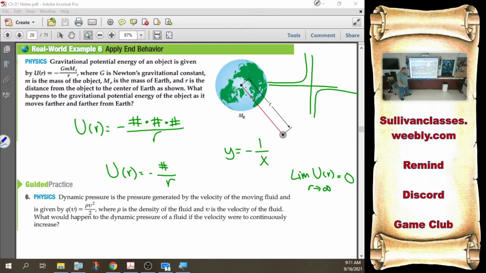So, do the same thing. Plug in what is a constant. What is a number that I know will just be a number? Rearrange the equation so that it's number times variable. Okay, what does this thing do as I go off to infinity?